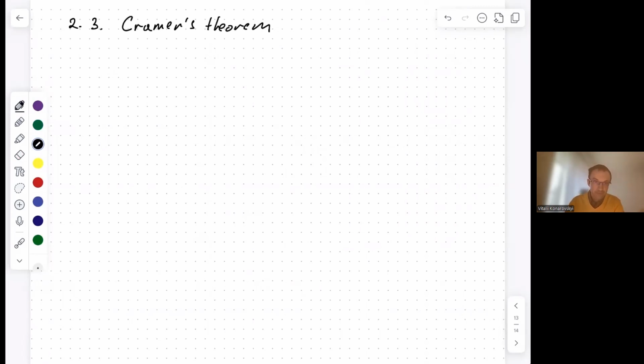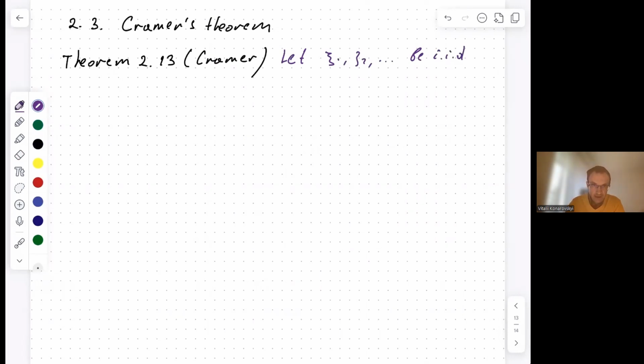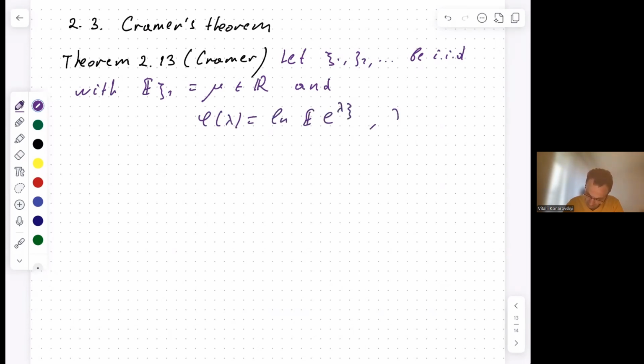Theorem 2.13, Cramér. Let xi 1, xi 2, and so on be IID, independent identically distributed random variables with expectation of xi 1 equal to mu, a finite number, and cumulant generating function phi of lambda equal to logarithm of the expectation of e to the power lambda xi, for lambda from R. Here I recall that infinity as a value of phi is also allowed. Let Sn be the sum.